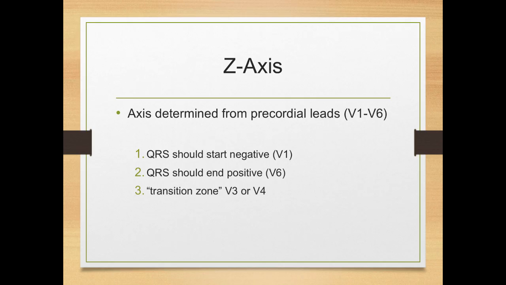And then there should be a transition zone in between, and that should be V3 or V4, where it goes isoelectric, where there's equal positive and equal negative, and that's where it flips. It flips from negative to positive, V3 or V4, give or take. So starts negative in V1, ends positive in V6 with a transition in V3 or V4.